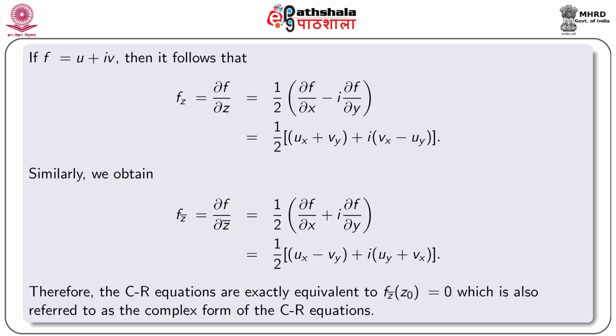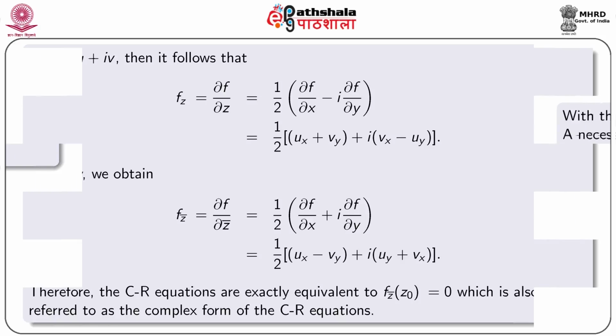Therefore, the Cauchy-Riemann equations are exactly equivalent to f_z bar at the point z0, that is the partial derivative of f with respect to z conjugate at the point z0 is equal to 0, which is also referred to as the complex form of Cauchy-Riemann equations.